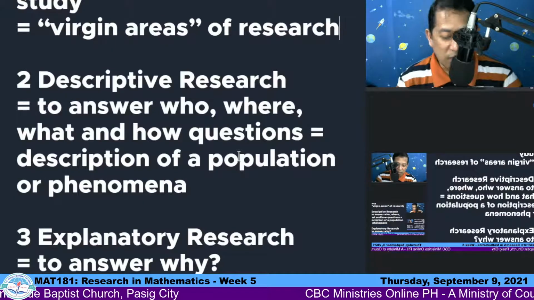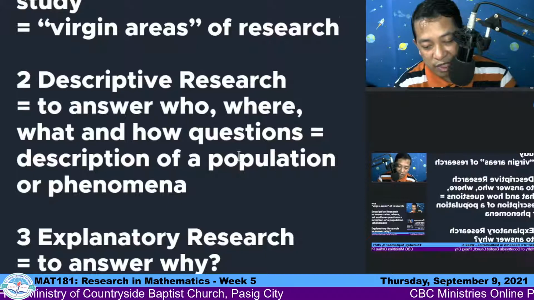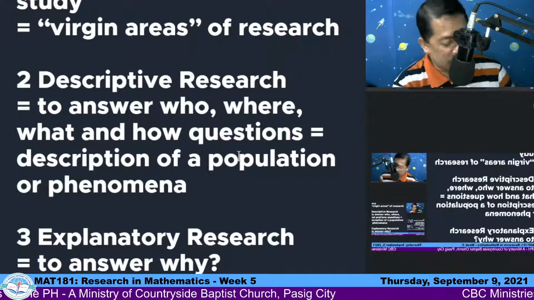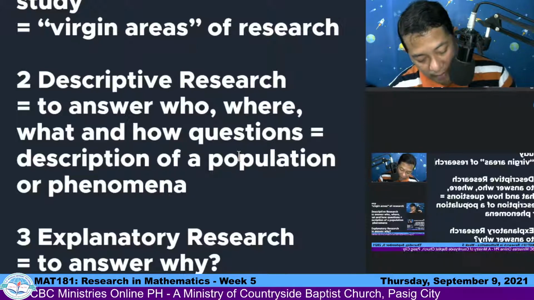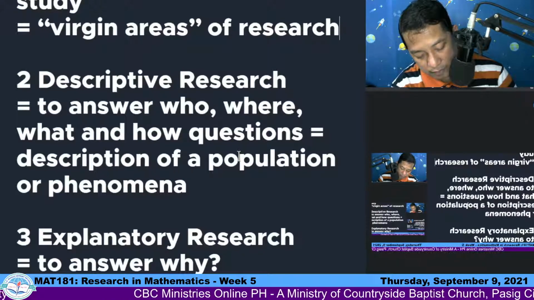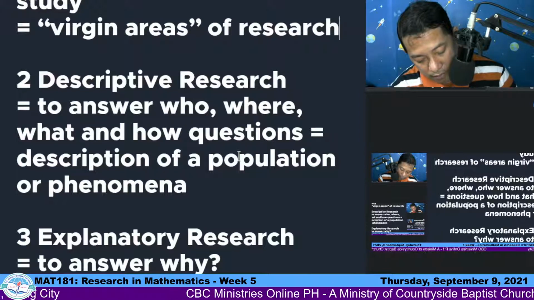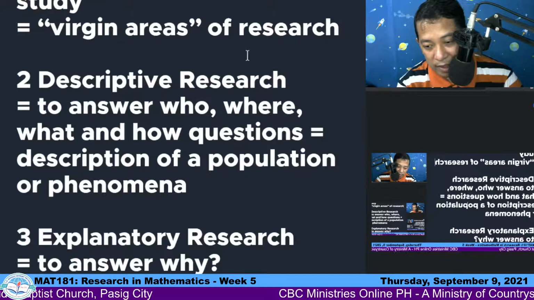No? Though it could be. There's possibility for undergrad, even for senior high school to undergo exploratory studies. Lalo na yung mga virgin areas sa research. Yan, pwede natin yan makita. No?